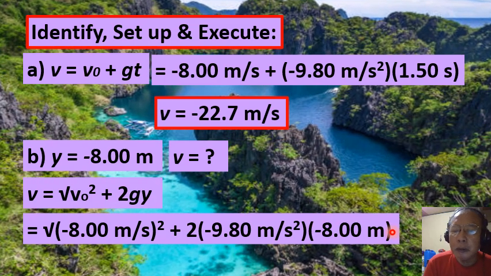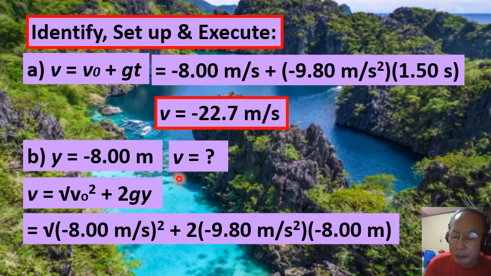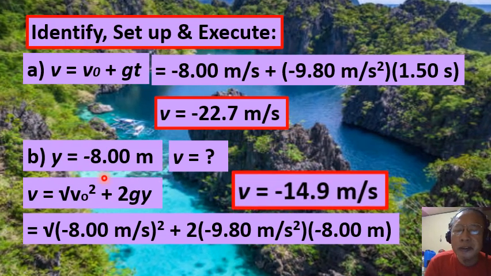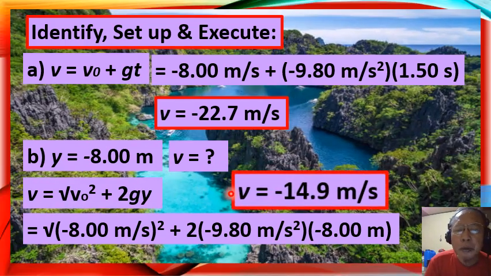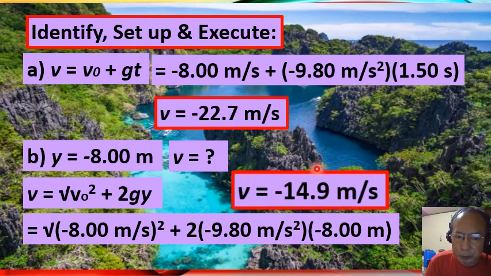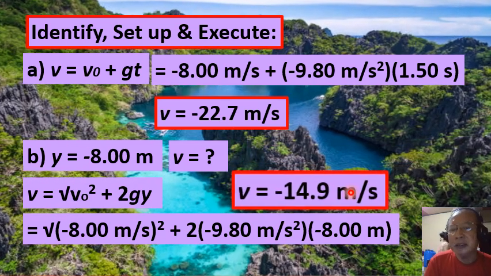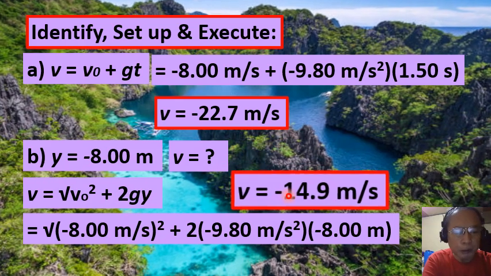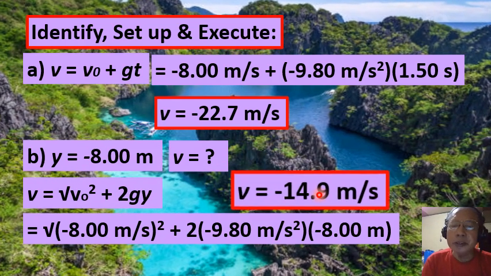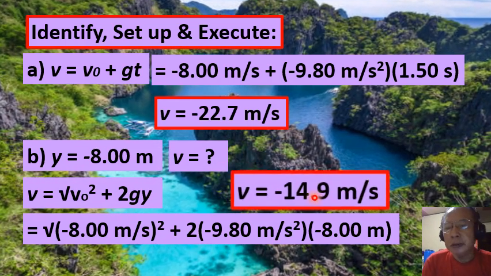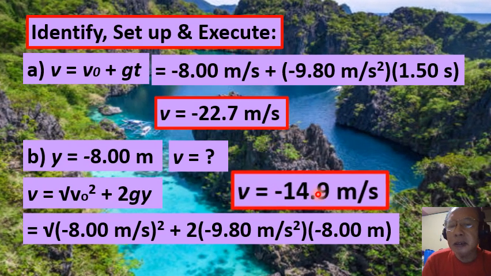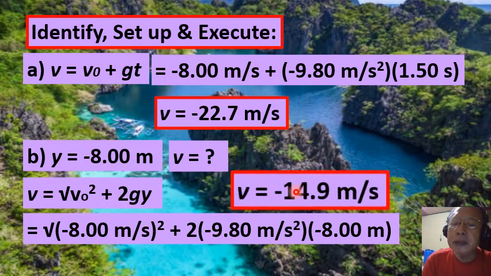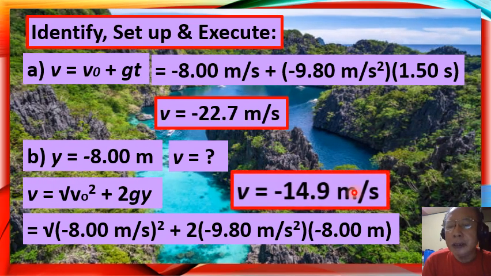So finally, when we do our math, we get the value for the instantaneous velocity of the stone when it is 8.00 meters below your hand. That is, v is equal to negative 14.9 meters per second. All right, the negative sign also suggests that the stone is moving downwards.